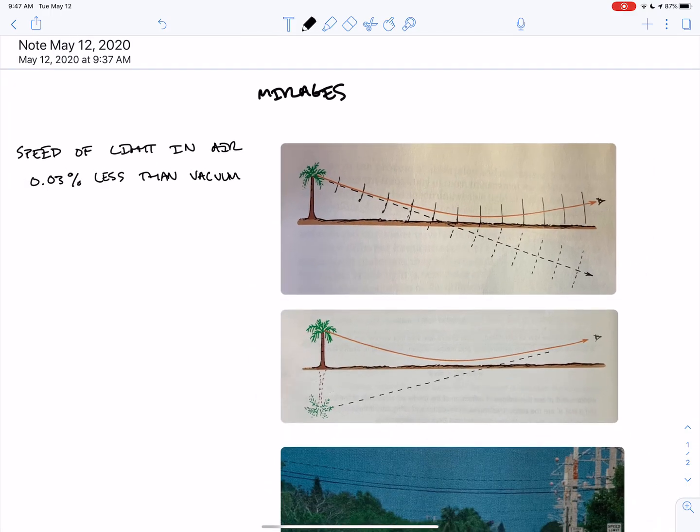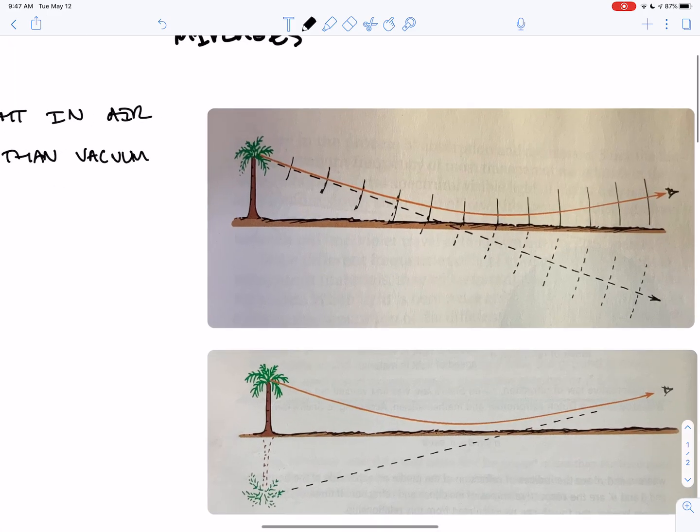Okay, so on a hot day, the air kind of behaves like two different mediums. The air that is close to the ground is hot, and therefore it is fast, and the air that is above is cooler, and therefore it behaves like a medium that is slow.